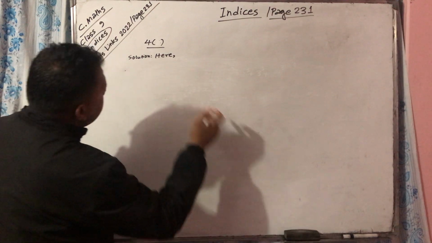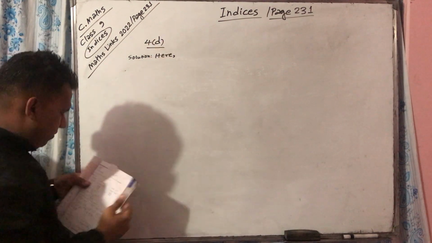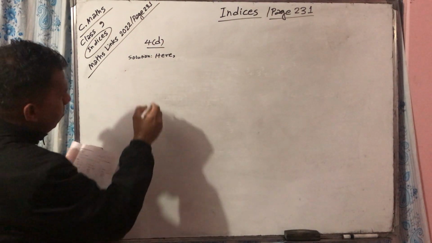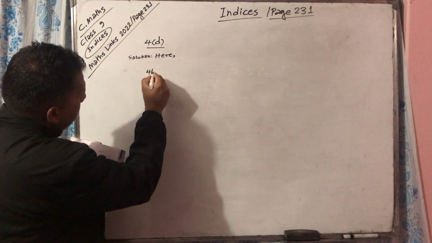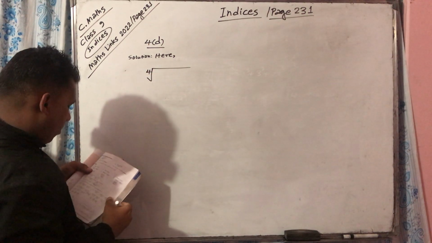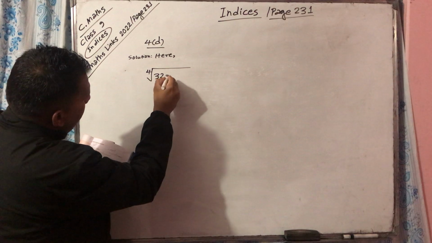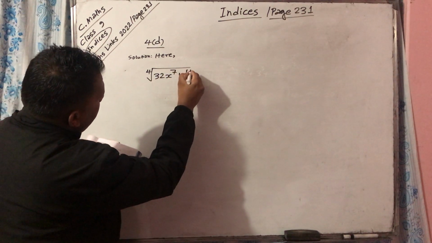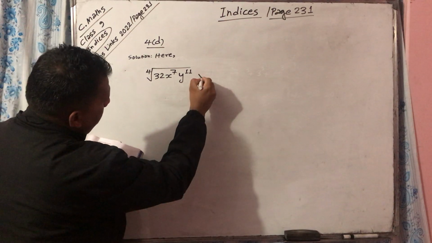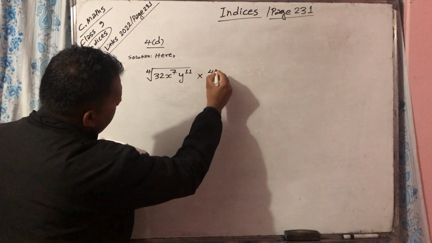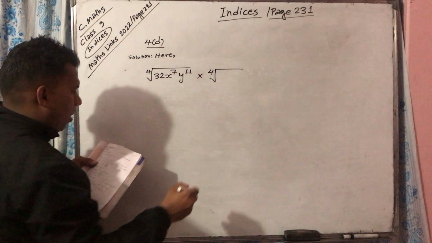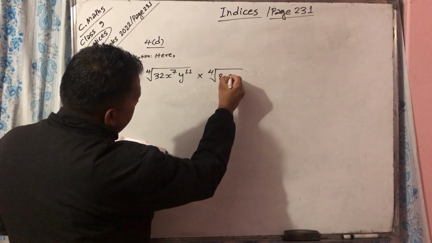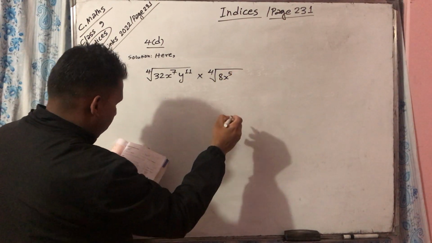Now students, look at 4D. On 4D we have fourth root of 32 x to the power 7 y to the power 11, multiplied with fourth root of 8x to the power 5 y to the power 5.